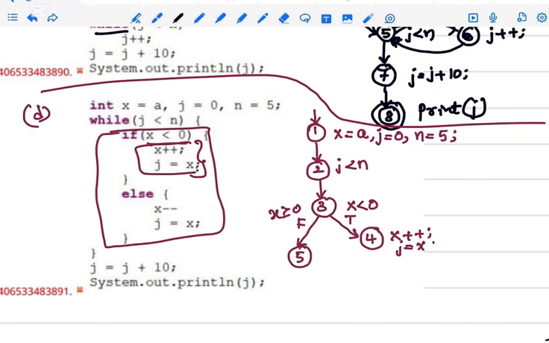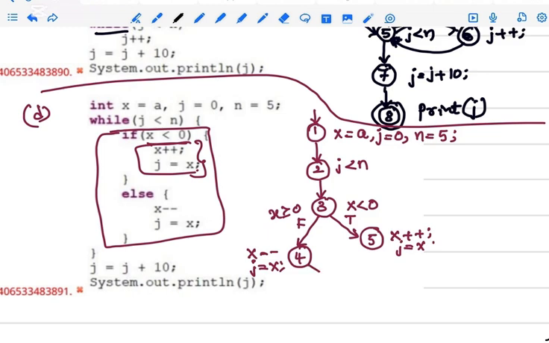Okay, we will number from left to right, that is better, right? So this one is 4, this one is 5. Okay, node 4, and at node 4, x minus minus and j equals x, initialization of j and decrement statement of x. After this, the while loop body is completed.